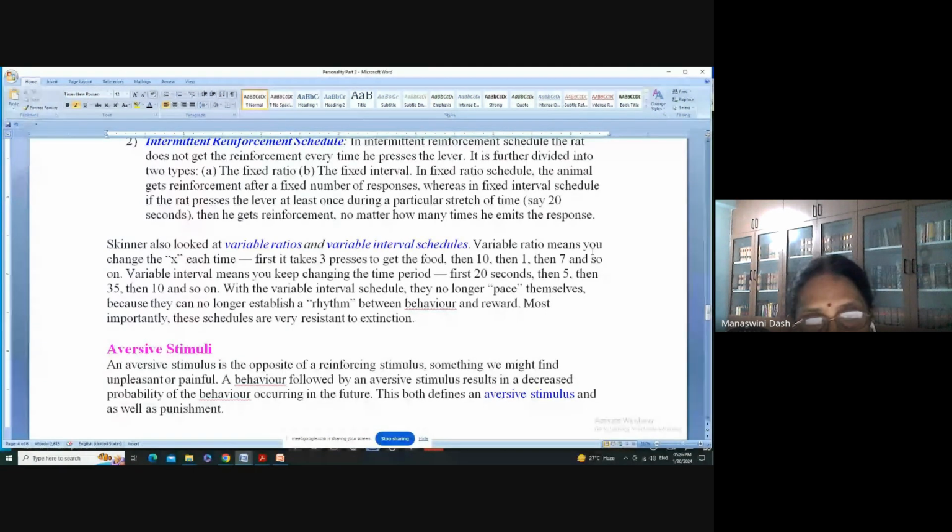Aversive stimuli. An aversive stimulus is the opposite of a reinforcing stimulus. Something we might find unpleasant or painful. What is reinforcement? Reinforcement always strengthens a behavior.